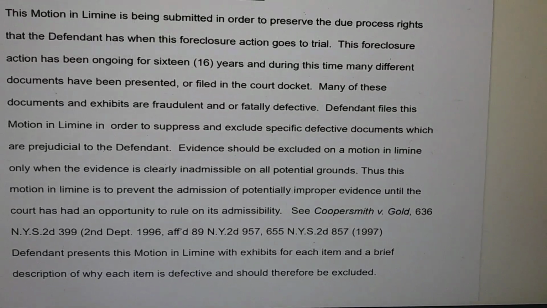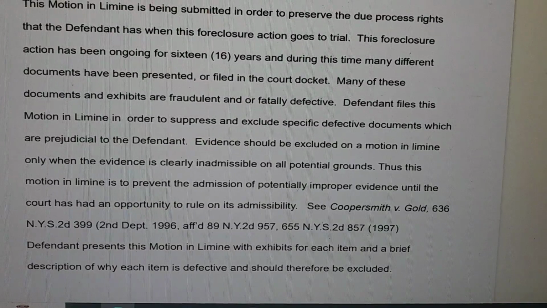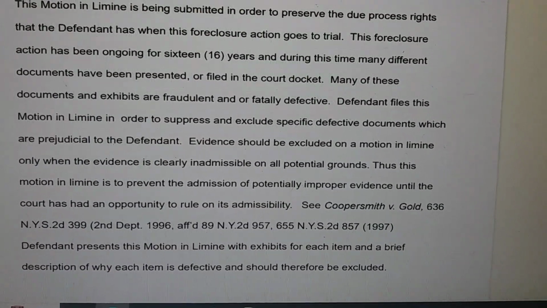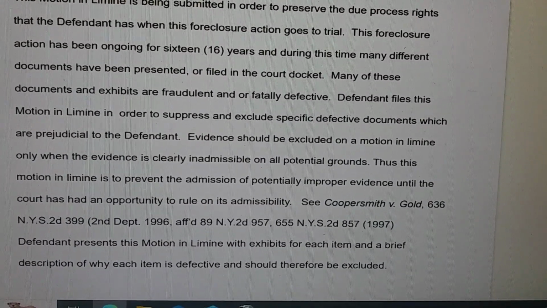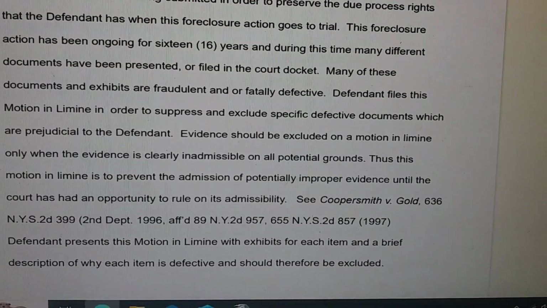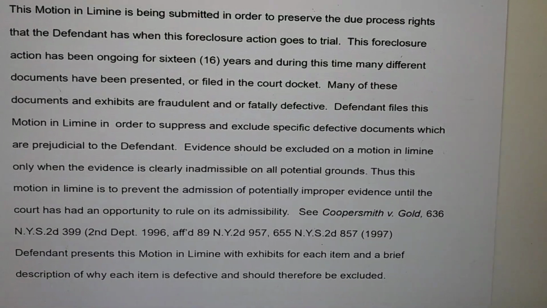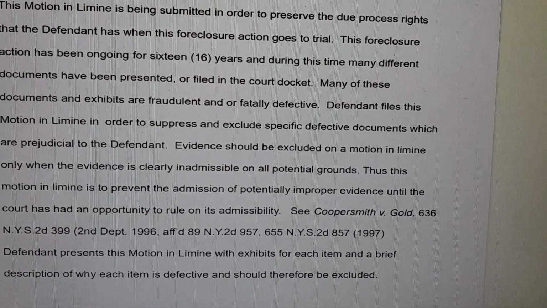Evidence should be excluded on a motion in limine only when the evidence is clearly inadmissible on all potential grounds. Thus, this motion in limine is to prevent the admission of potentially improper evidence until the court has had an opportunity to rule on its admissibility.